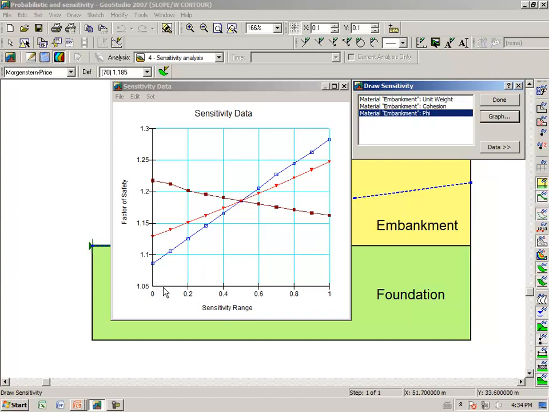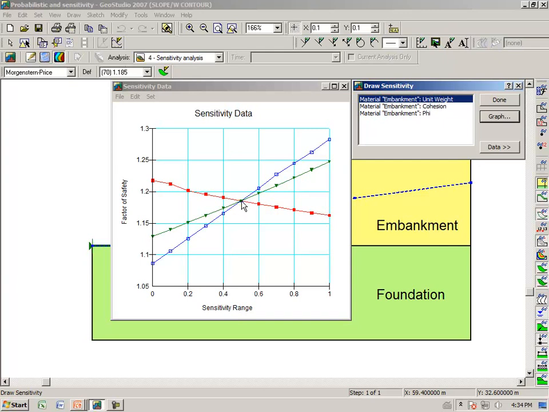In this graph, we have normalized the sensitivity range. So for example, for the friction angle, we had a range. The range in the friction angle has been normalized to go from 0 to 1, and the unit weight, whatever the range is in unit weight, also has been normalized to a sensitivity range of 0 to 1.